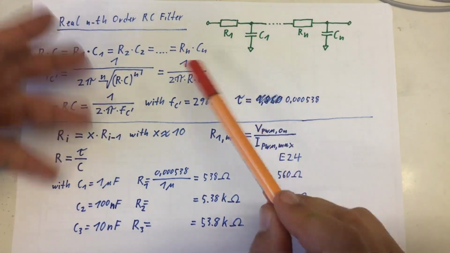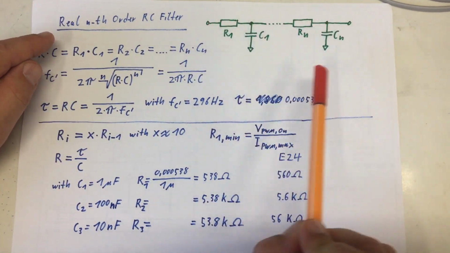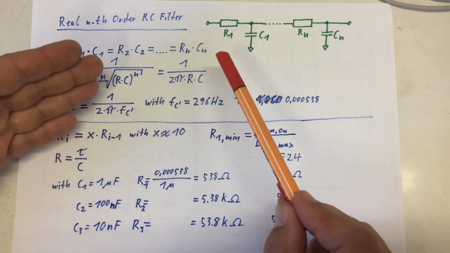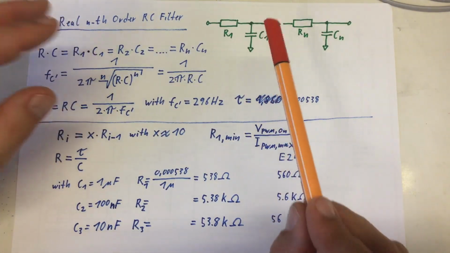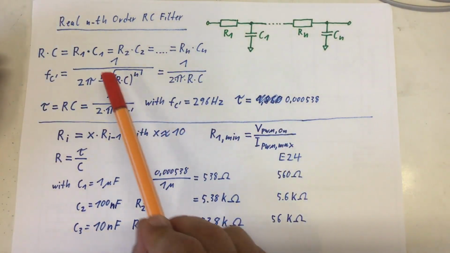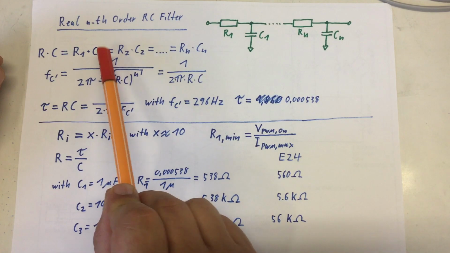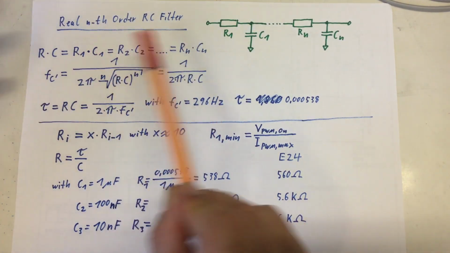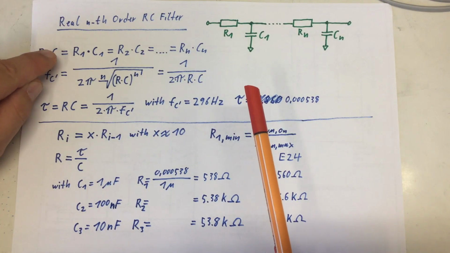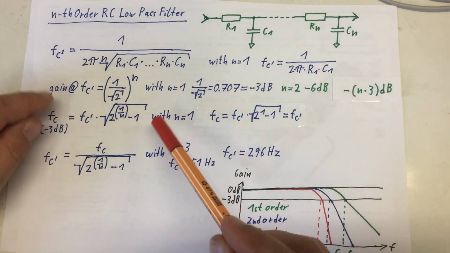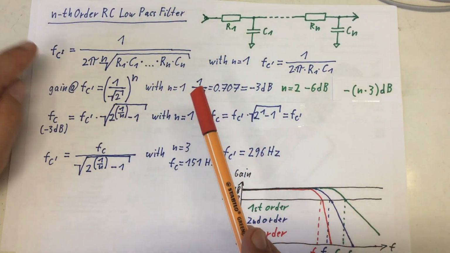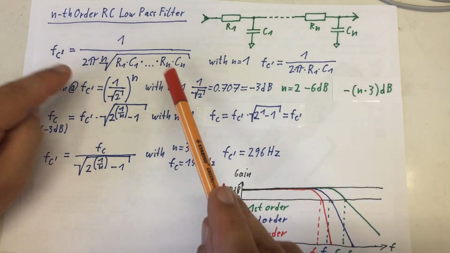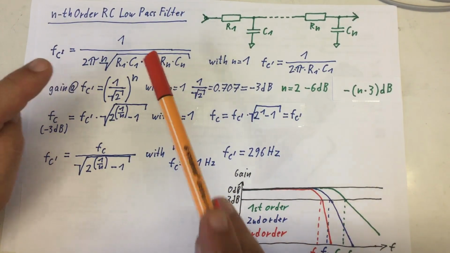In a real-world nth order RC filter, each RC element will usually have the same cutoff frequency, respectively the same time constant tau. So R times C1 is equal R times C2 is equal R times Cn, or simply R times C. If you recall the general formula for the cutoff frequency of an nth order RC low-pass filter, that's not a real necessity.